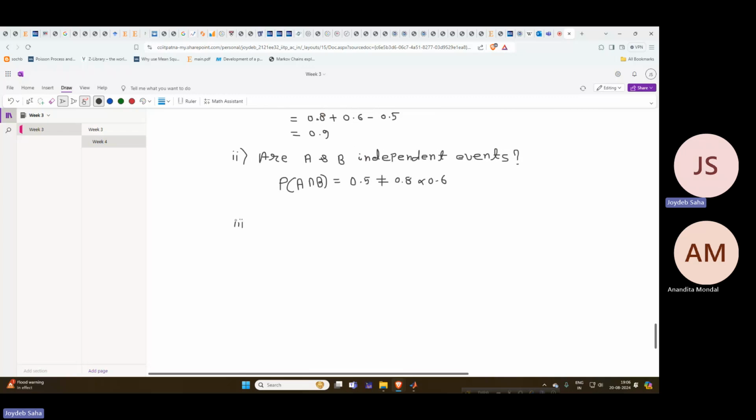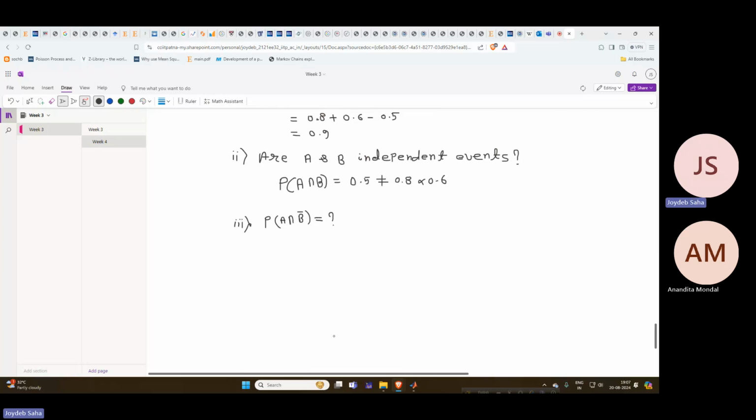Now question number 3, or part 3 of this question. What is the probability of A intersection B transpose, or B complement, whatever you say?